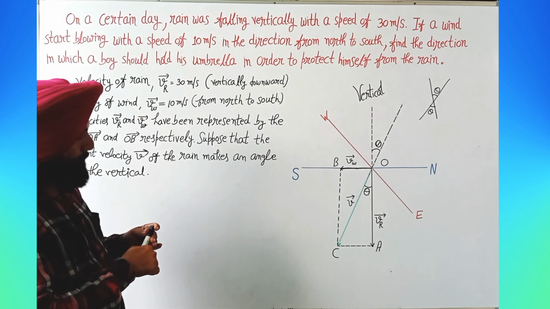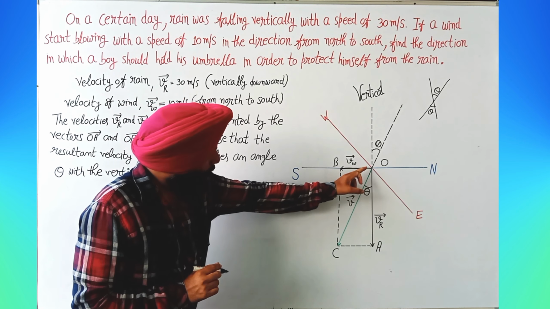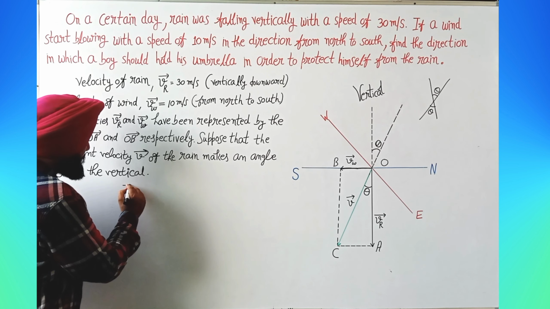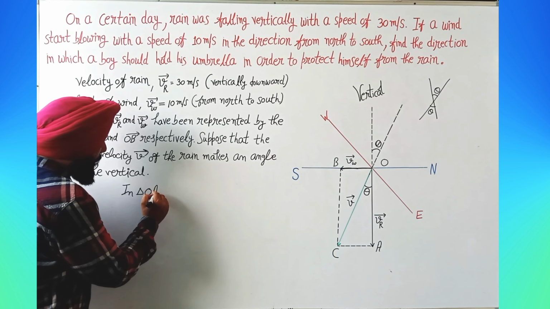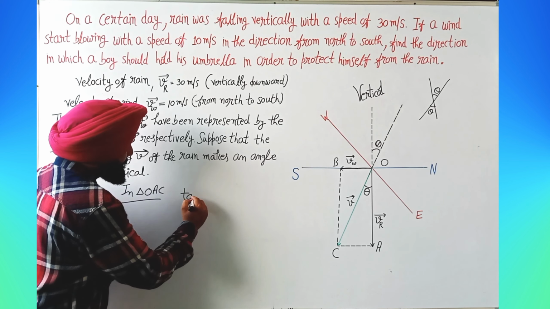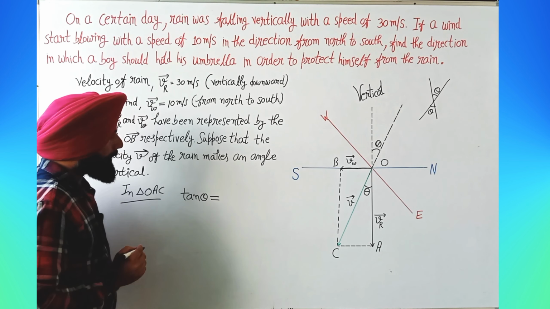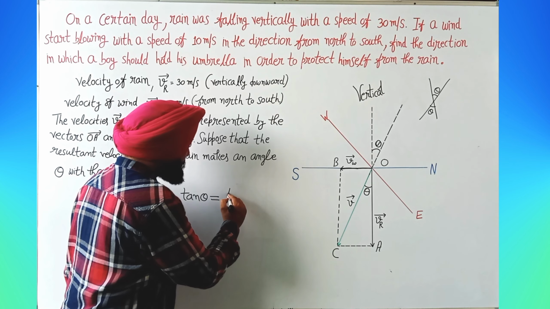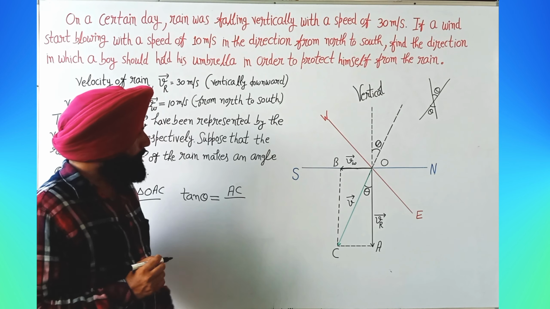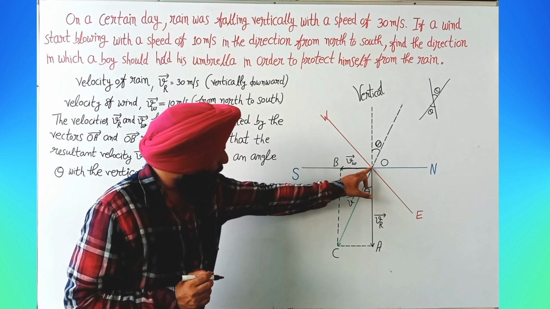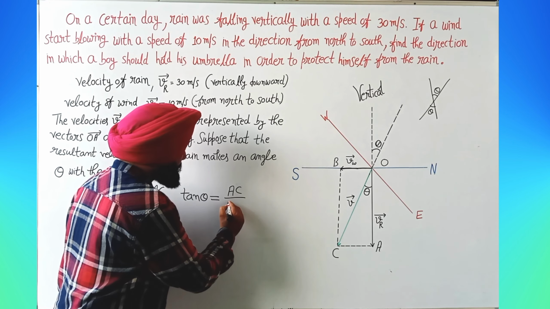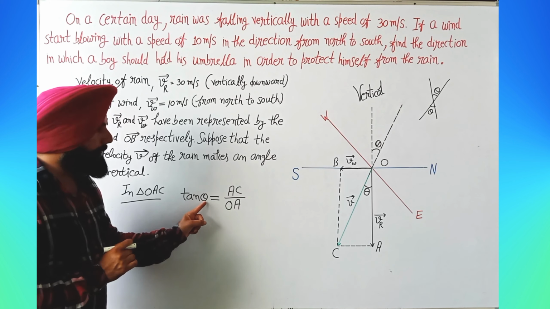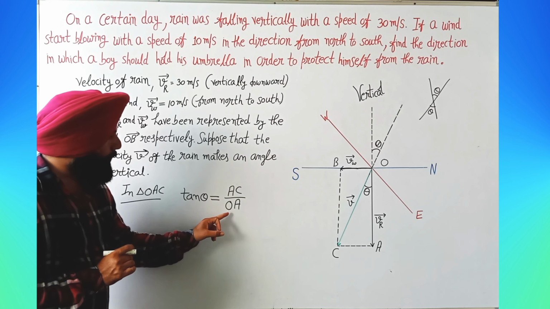Now students, in triangle OAC, a right angle triangle, tan theta equals AC over OA.